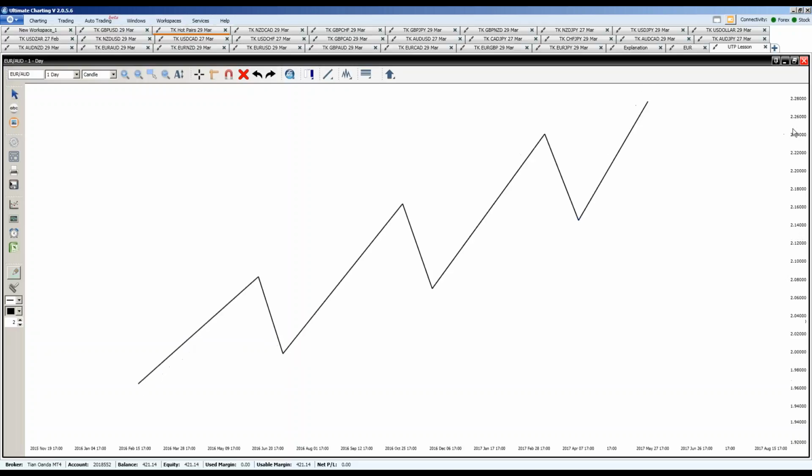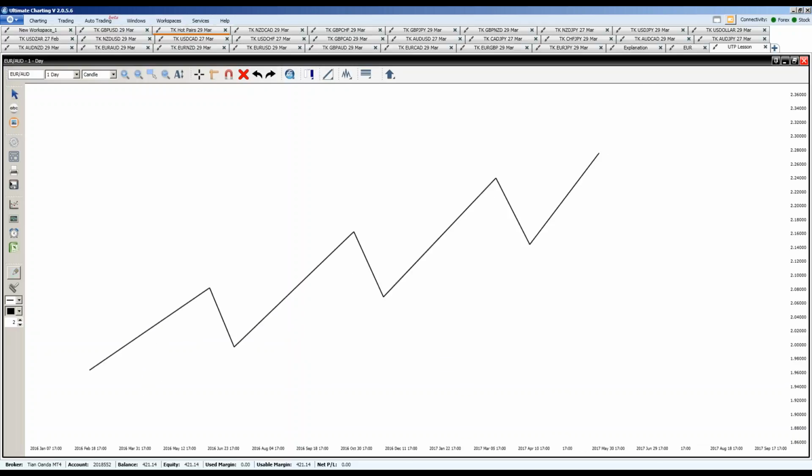Now, Veronica, when you have a bull market, for instance, in a bull market, you want to buy low and sell high. Buy, buy, buy, and buy. In a bull market, you have higher lows and higher highs.